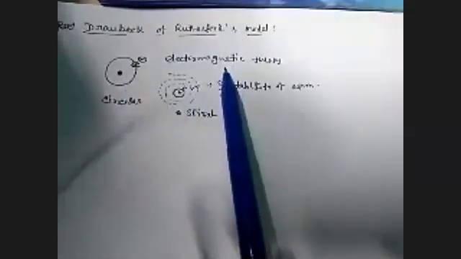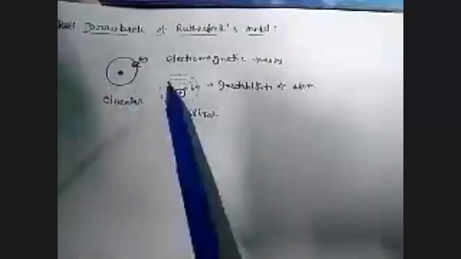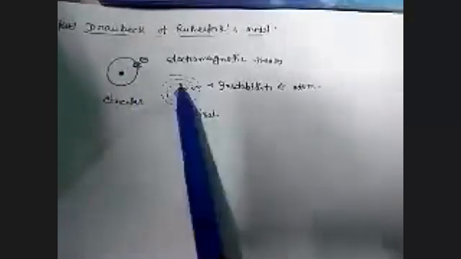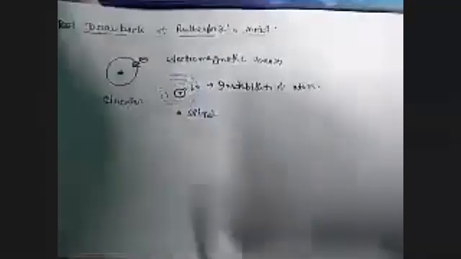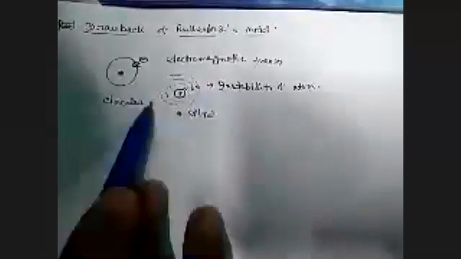But one scientist said that the path can be this one, and Rutherford had no answer to the question. That's why it is a drawback of Rutherford's model.